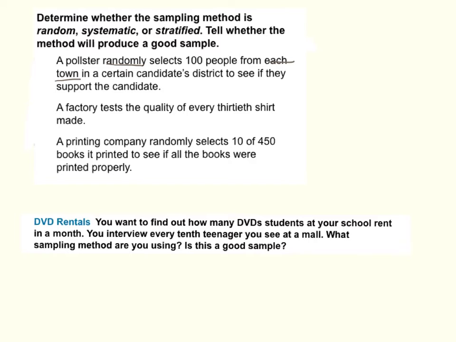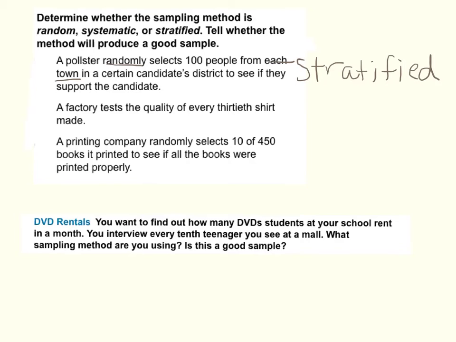So it's broken up into smaller subgroups first by the towns and then randomly selected from each town. So this is actually going to be stratified. This is similar to breaking it apart into freshmen, sophomores, juniors, seniors, and then randomly selecting 100 of those freshmen, 100 of those sophomores, and so on.